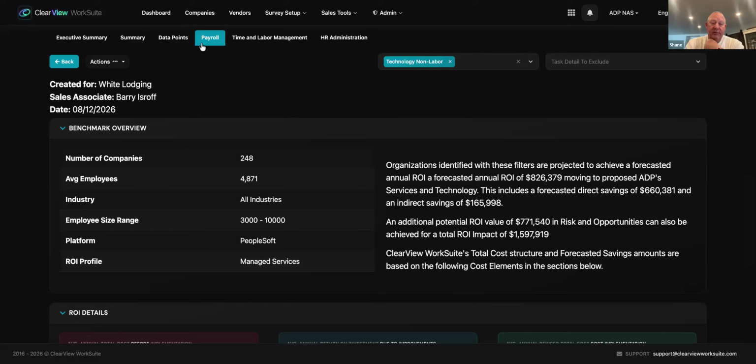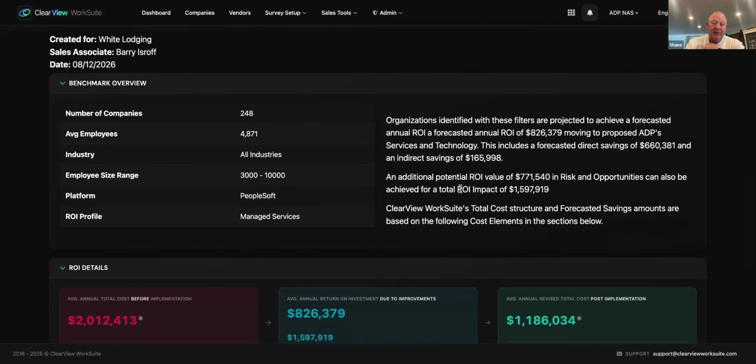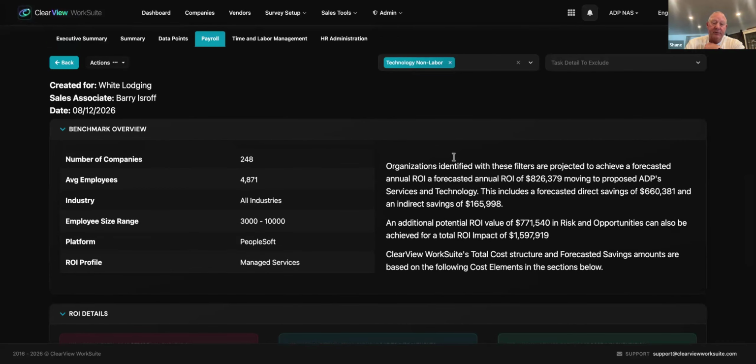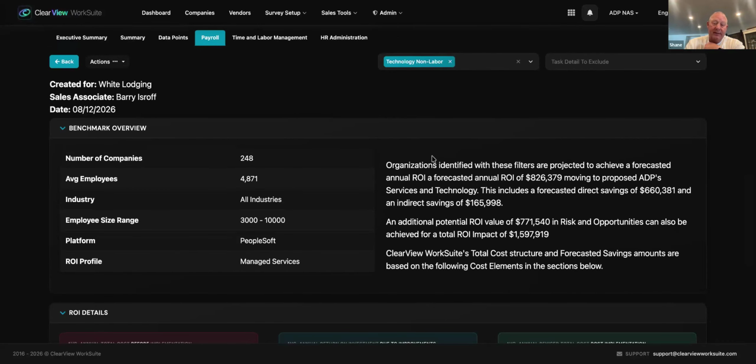So you can see we included payroll, time, and HR. For payroll, it had 248 companies. We looked at all industries, 3 to 10,000 people using PeopleSoft. Here is the average savings per year for those prospects moving from that to this proposed technology.